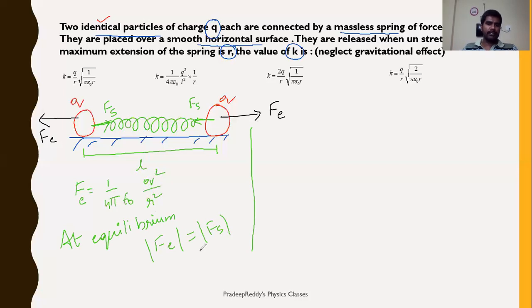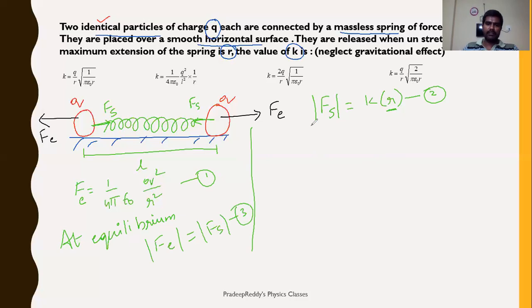And it is mentioned that equilibrium is obtained at the maximum extension R. So spring force is equal to K into R. Magnitude of the spring force is K into R. Negative sign I am neglecting because we are taking only magnitude. And this R is the separation. Maximum extension of the spring is R. This is 1. This is 2.